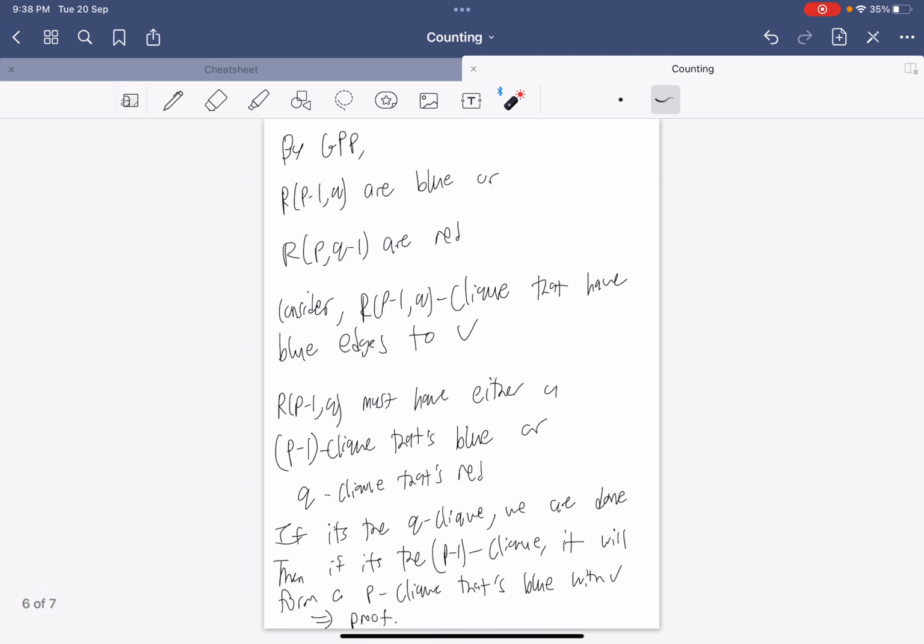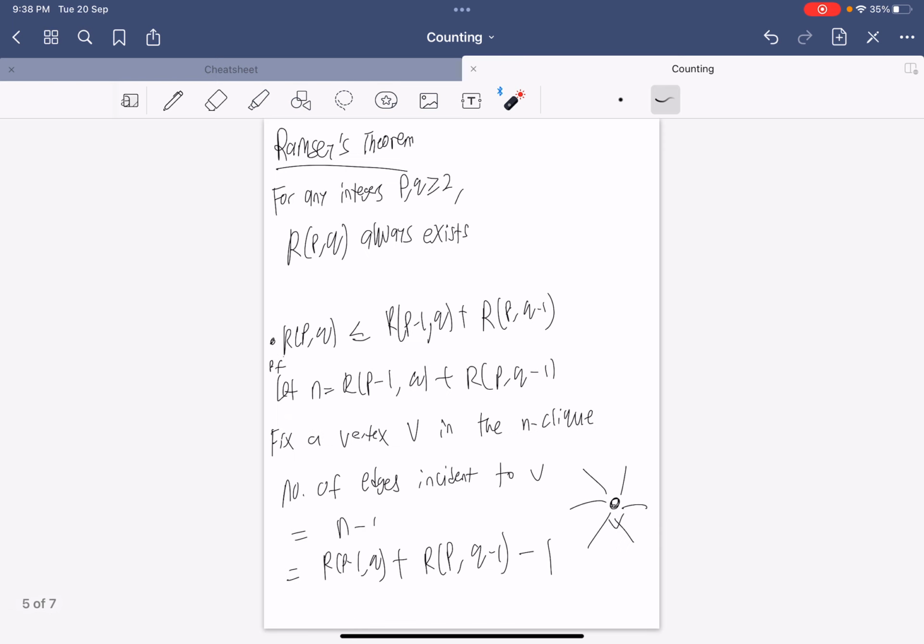And then, by the generalized Pigeonhole principle, we know that R(P-1,Q) blue edges must be possible, or R(P,Q-1) red edges must be possible, because you can imagine this to be R(P-1,Q) minus 1 plus R(P,Q-1) minus 1 also, and then you must add 1 to it so that they are equal.